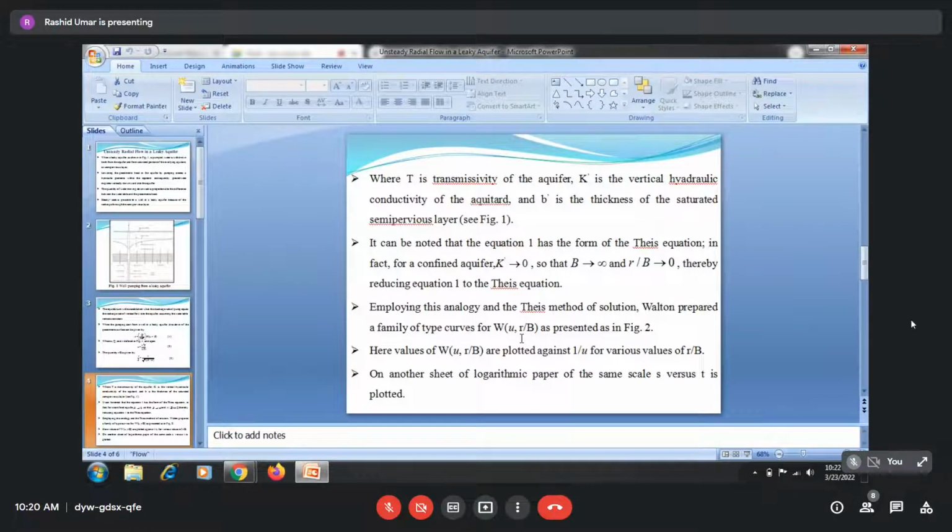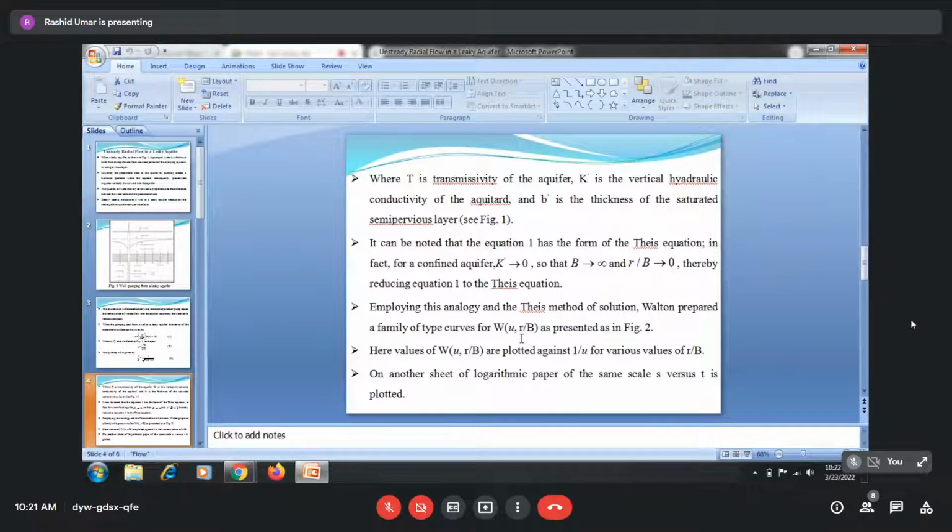where Thie's has developed a type curve by taking values of W and 1 by U for confined aquifer, and then come up with a single master curve, so the well function relationship will be like this. But in case of Walton's method, a leaky aquifer, the leakage factor will be variable.